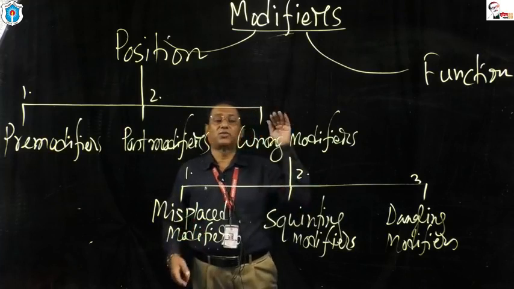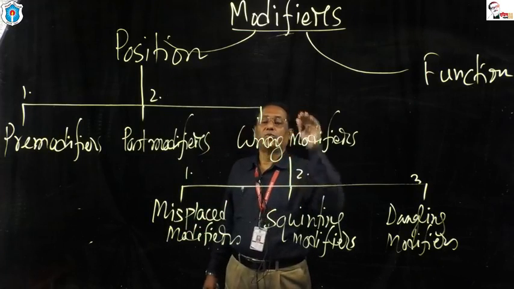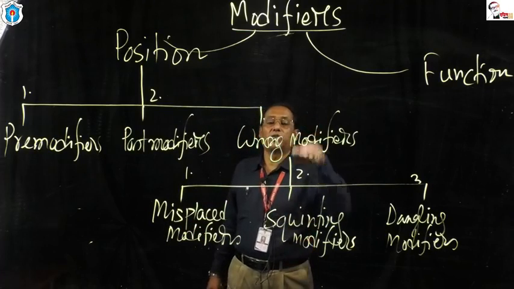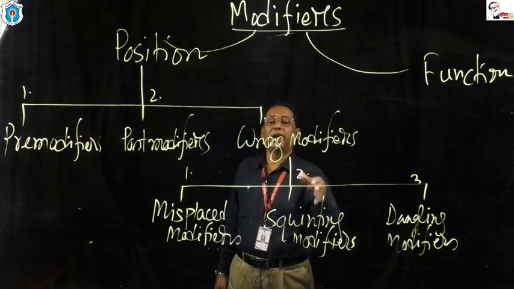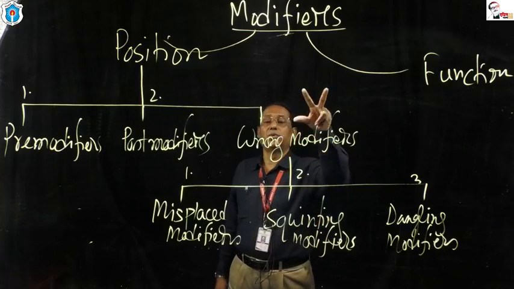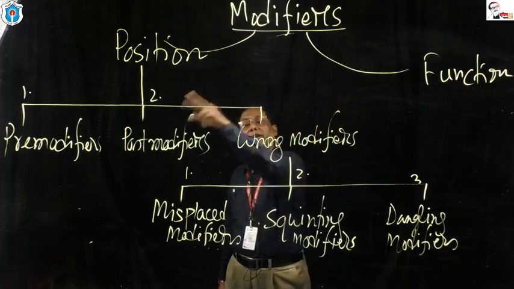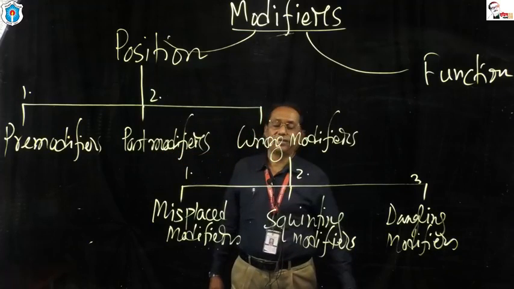So squinting modifiers are those modifiers which are used wrongly, modifying two head words, before it and after it.